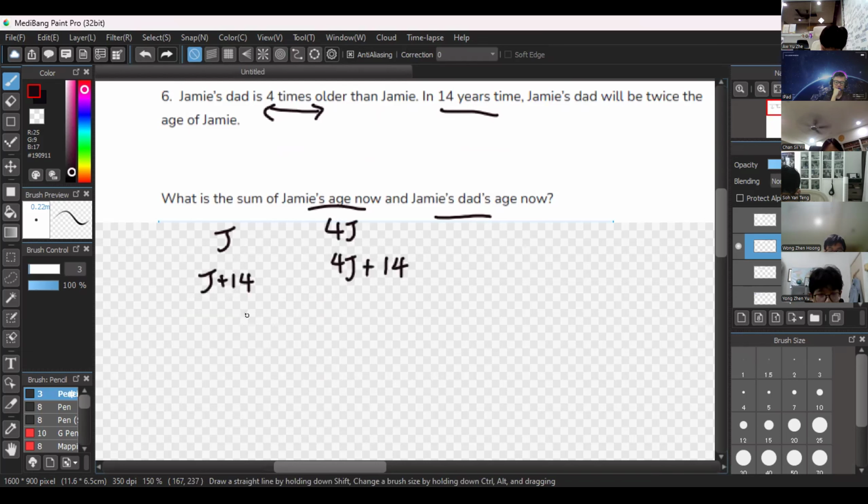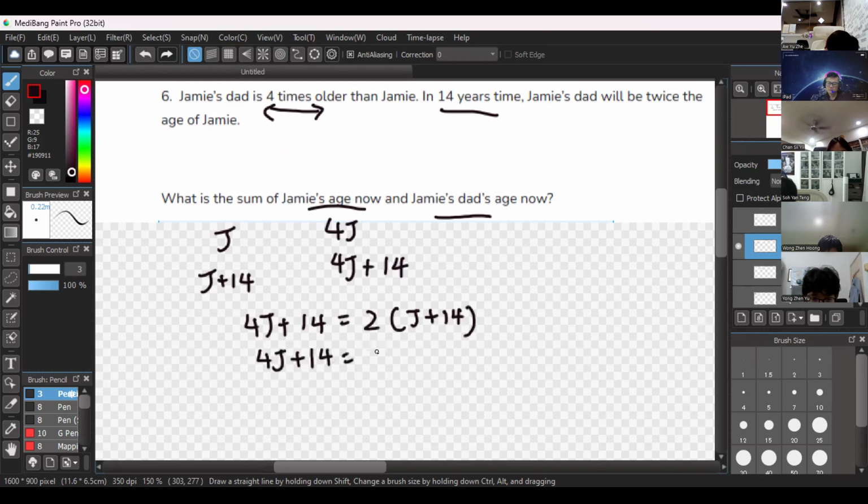So we can form an equation, which is 4J plus 14 equals 2 times J plus 14, because after 14 years, Jamie's dad will be twice the age of Jamie. And then we will just expand this, so it will become 4J plus 14 equals to 2J plus 28.